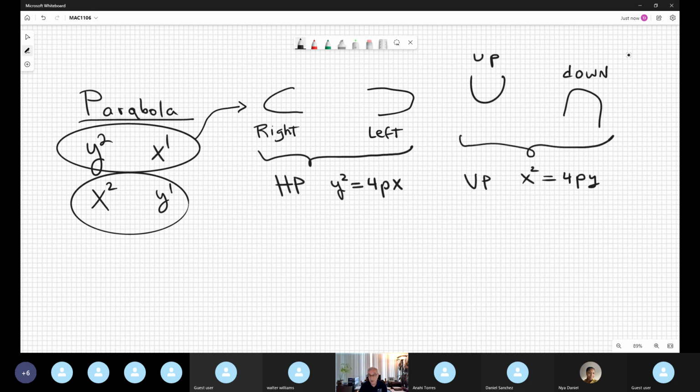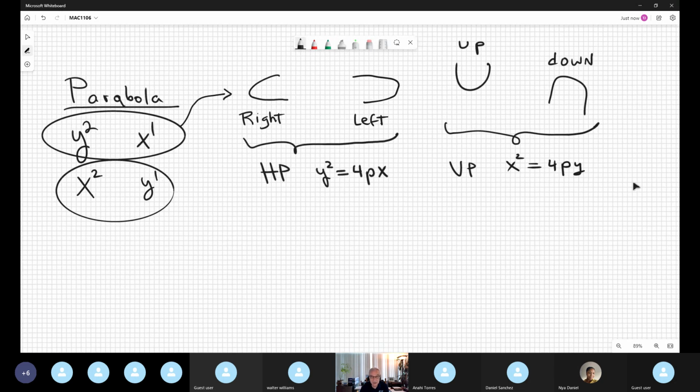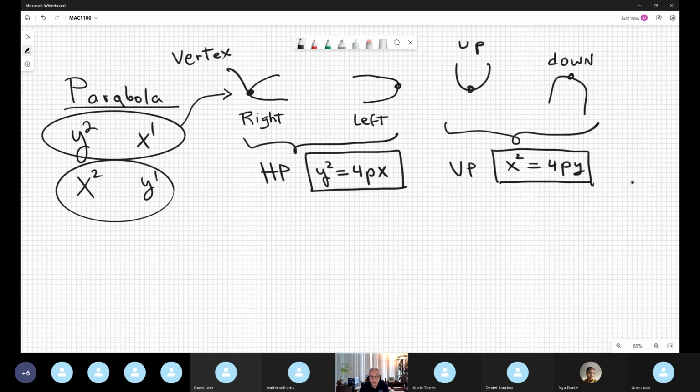It's classified. But I have more, guys. Look at that. This is under the supposition, okay, that a point is super important. The most important point in the parabola is the vertex. It's only one, singular, vertex. So the supposition is that the vertex for this equation and this equation is at the origin, 0,0. If the vertex is not 0,0, but at the hypothetical point h, k, the equation changes a little bit like that: y minus k squared is equal to 4p times x minus h.